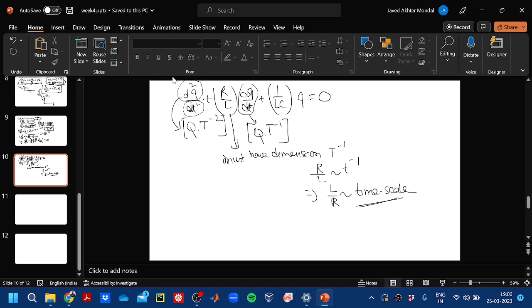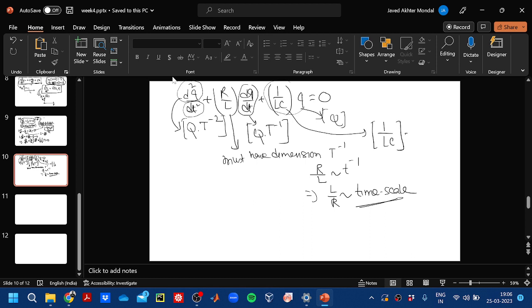Similarly, from this equation we can see that this term has the dimension of Q. That means this 1 by LC dimension must be equal to t to the power minus 2. So that means root under LC is another time scale of the given equation.